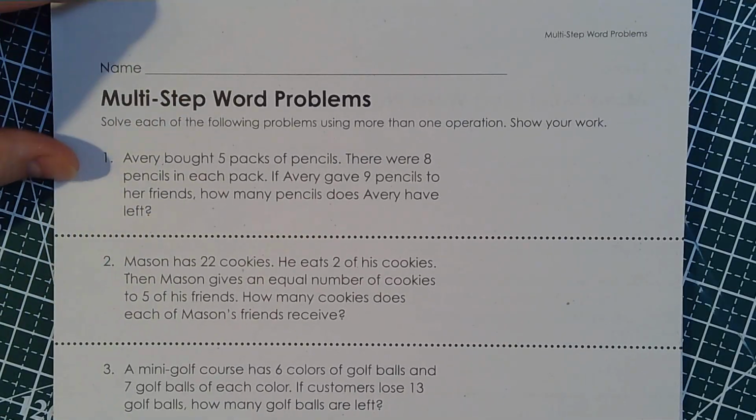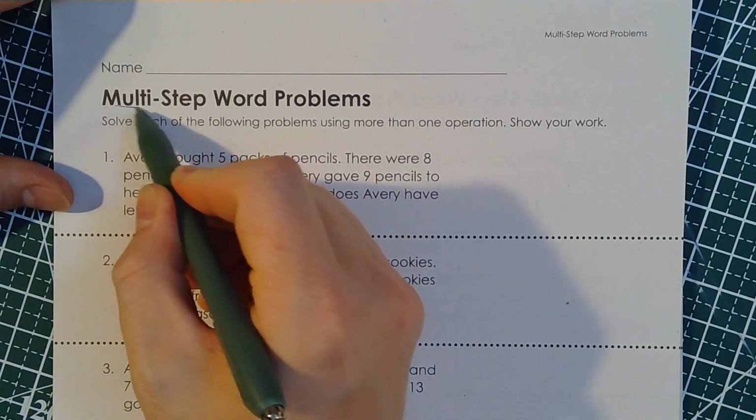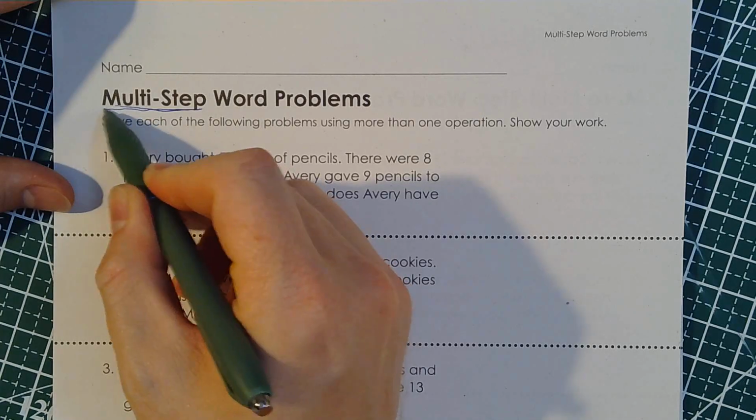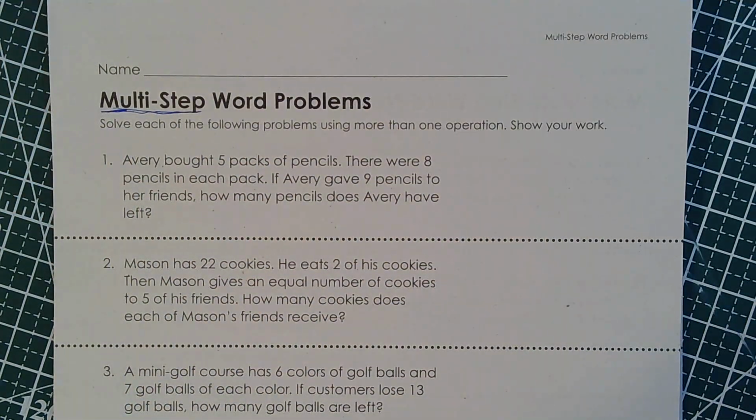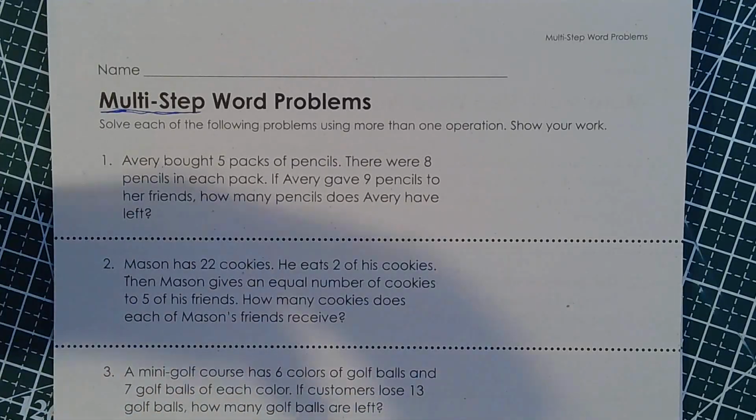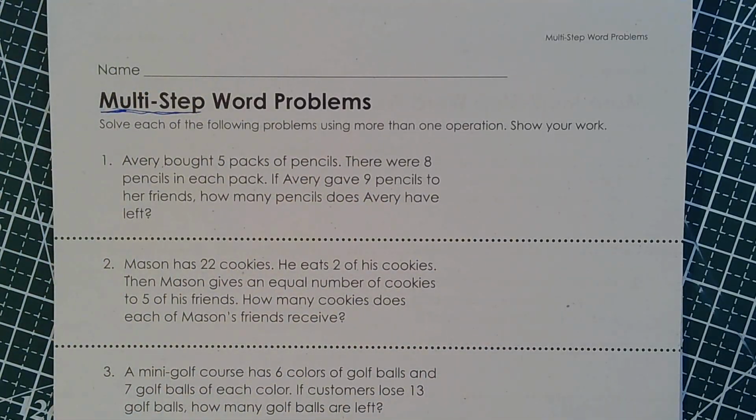Well, first things first, when I think of a multi-step word problem, multi-step means that it has multiple steps or more than one step. In regards to math, with our word problems, this means that there is more than one operation to do.